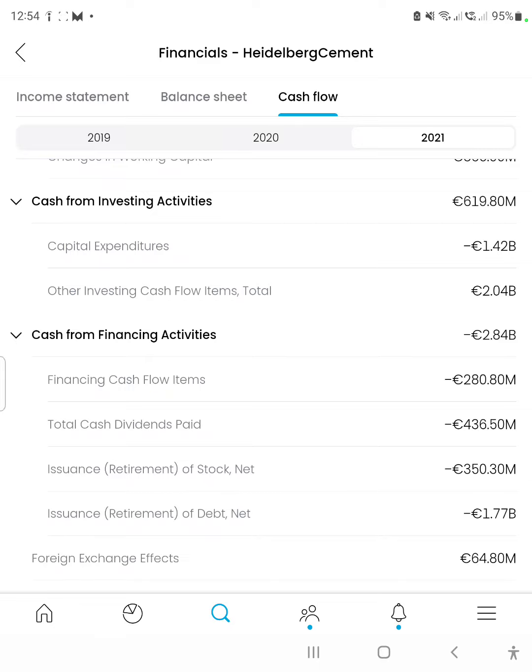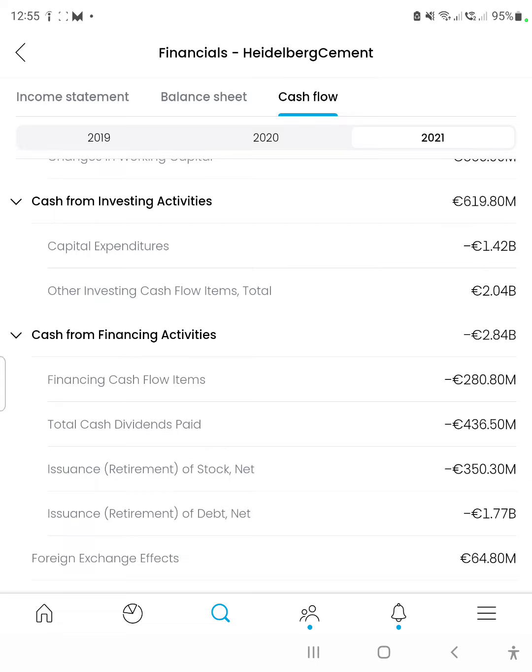With regards to investing activities, usually you see that it's a negative figure, but in this case the company gained 619.8 million euros. In almost all cases it's a negative figure, but it managed to gain 2.04 billion euros from other investing cash flows, and they managed to spend 1.42 billion euros on capital expenditures, which is expanding property infrastructure to be able to increase productivity in the future.